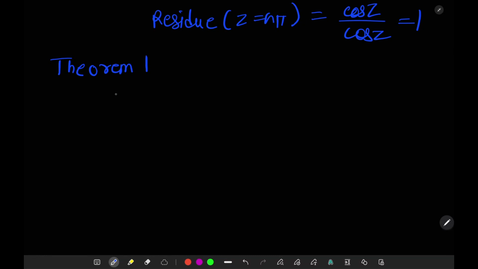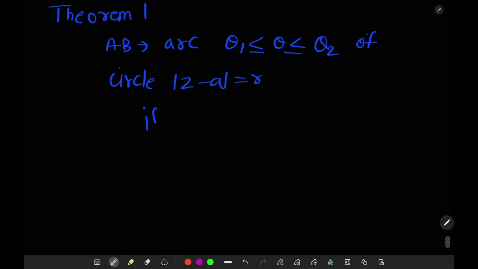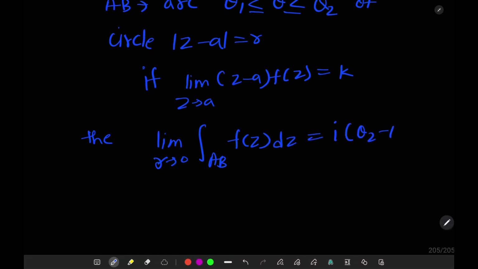Theorem 1: if AB is an arc of the circle mod of z minus a equals to r between theta 1 and theta 2, if limit z tends to a, z minus a into f of z equals to k, here k is a constant, then limit r tends to 0, integral of AB f z dz equals to i into theta 2 minus theta 1 into k.